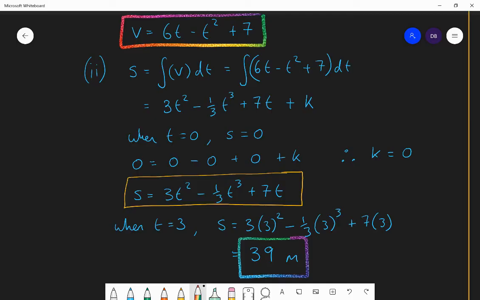It may be that you want to fix a position in the question, for example, relative to this post, we're going to measure the displacement, but then you throw the ball and you start 5 meters away from that post. And then at the start of that problem, when t is 0, s would be 5. Okay, so it's not always that when t is 0, s is 0. But in the majority of quick cases, it probably will be.